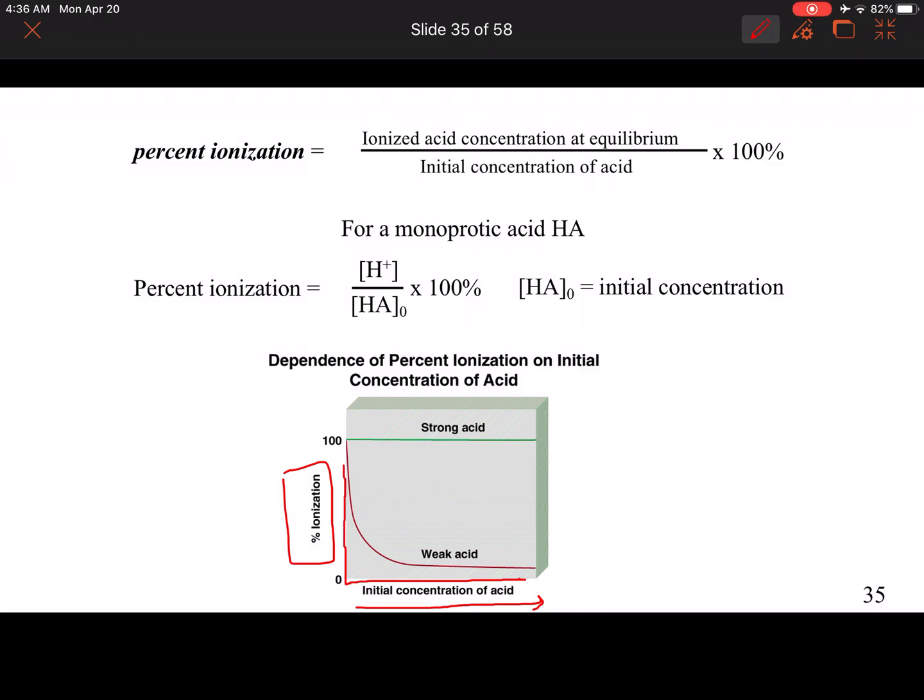It skyrockets. It goes so high that this weak acid may eventually almost reach 100% ionization. So at extreme dilution, my acid becomes almost 100% ionized, which almost looks like a strong acid, though this is a weak acid.